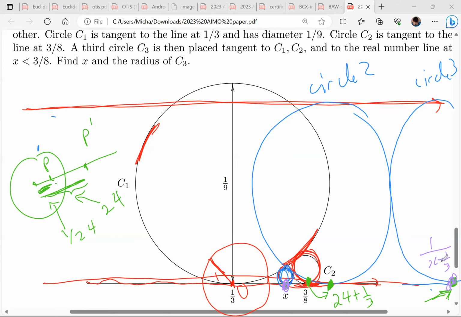Okay. My next question to you is, what is this distance? What is the distance between the two parallel lines?